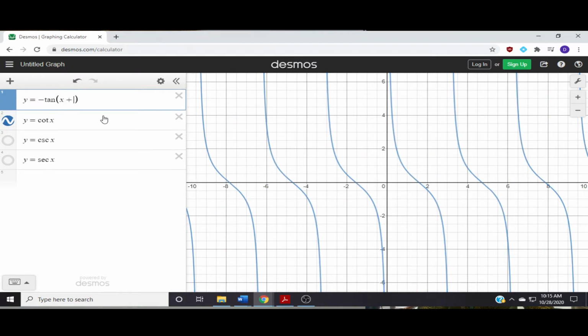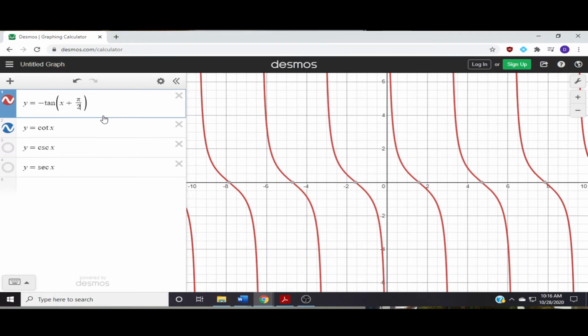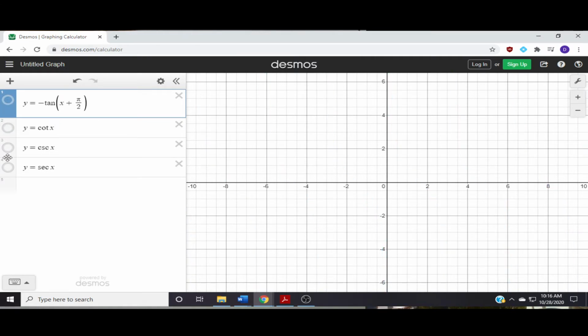Let's test this out: plus pi over 2. Okay, so as you can see, there is no distinction between the translation and reflection of tangent and cotangent. So that's just to show you that those two are related.